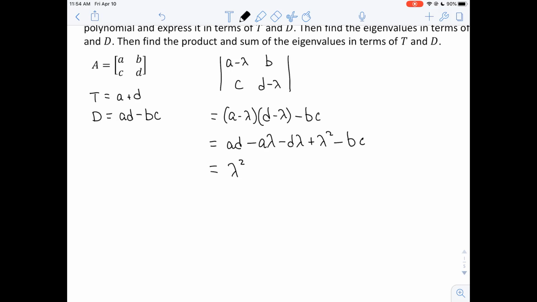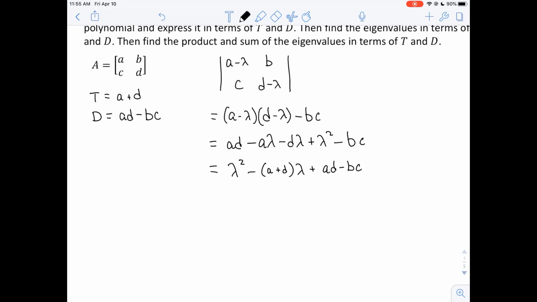Then the two lambda terms here, I'm going to factor out a negative and the lambda from these two terms, leaving an a plus d. And then the constants, we have plus ad in the front, and then the minus bc. These are the terms that don't involve lambda. That's what I meant by constants.